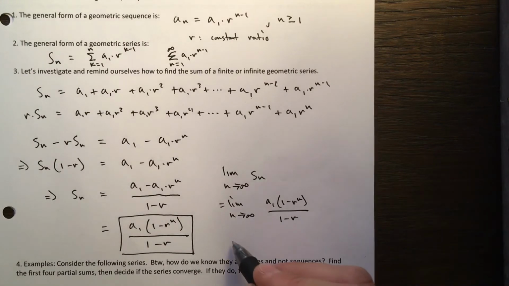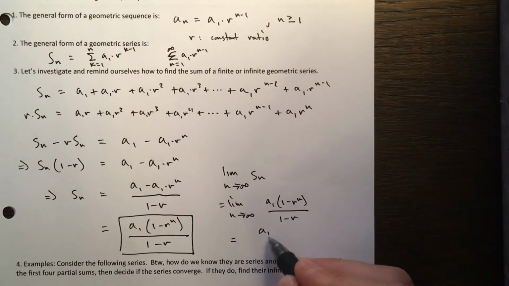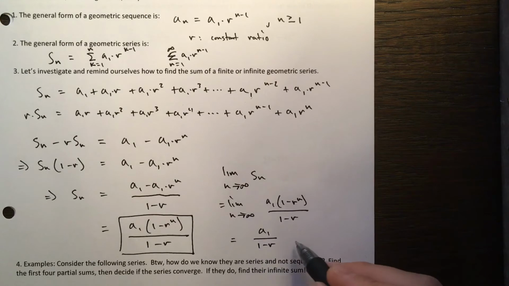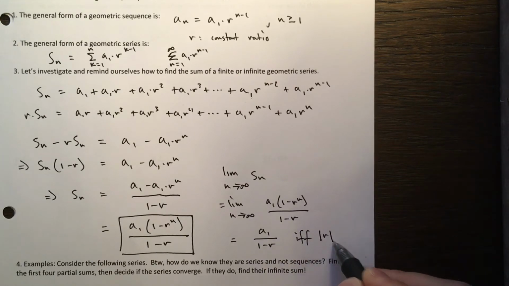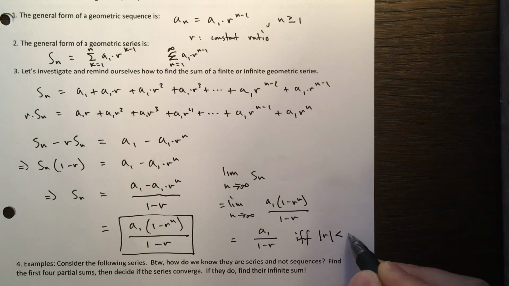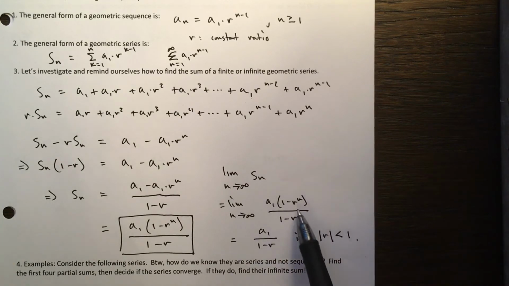And this will approach a sub 1 over 1 minus r if the absolute value of r is less than 1, right? Because if the absolute value of r is less than 1, then this r to the n is just going to go to 0, because you are taking a fraction and multiplying it by itself a bazillion times.